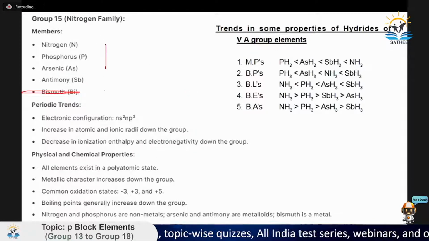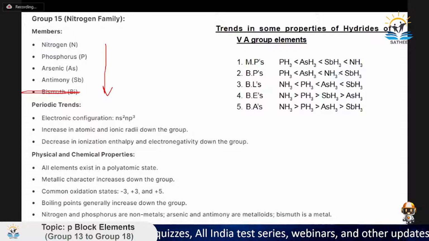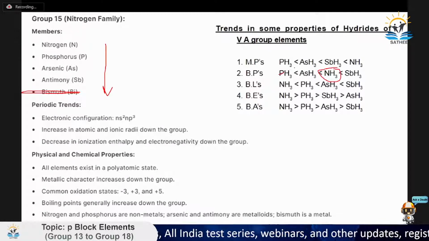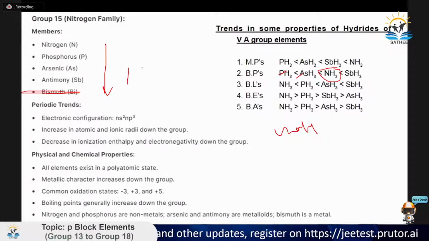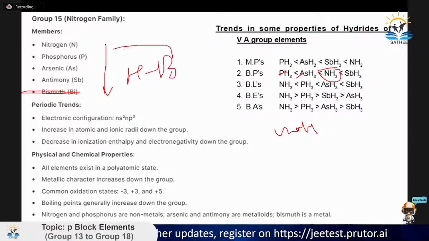As we go down, the melting point increases. Now, why is the boiling point of nitrogen so high compared to these? As we go down, the boiling point should increase because the mass increases. But nitrogen shows a thing called hydrogen bonding.